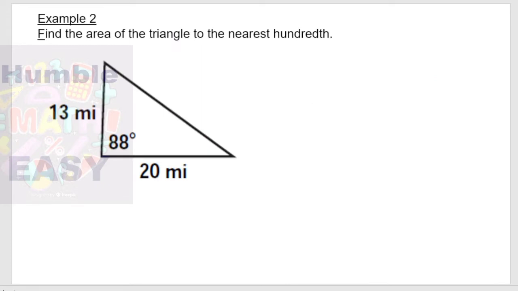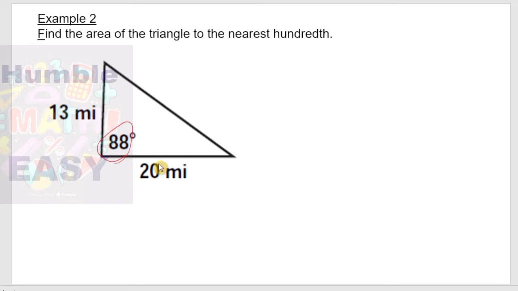We're going to find the area to the nearest hundredth given the figure. We have here 13 miles as the given side, another 20 miles as another side of the respective triangle, and an 88 degree angle. To answer this, we are going to check if the given angle is in between the two given sides.